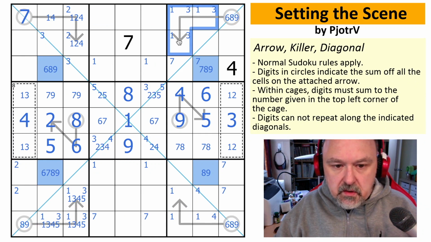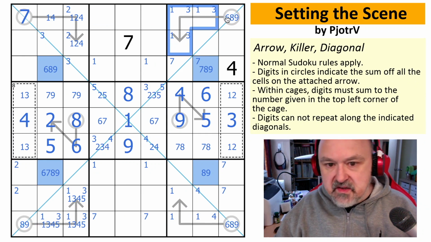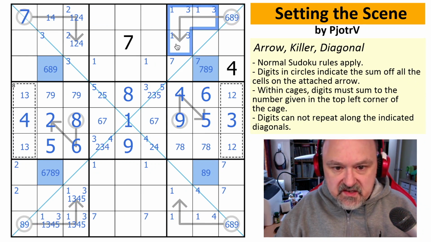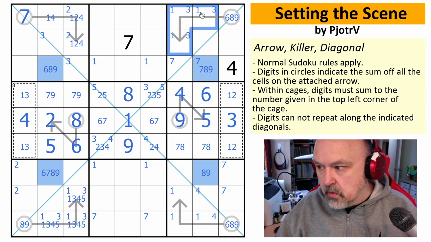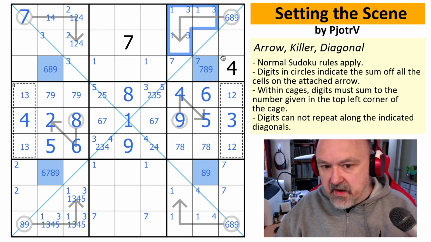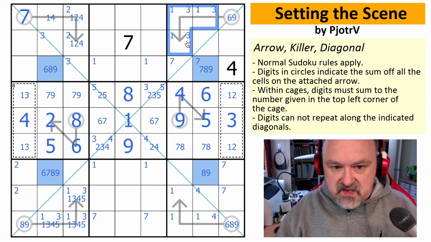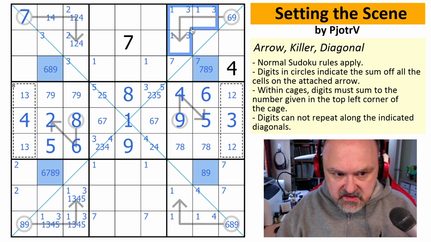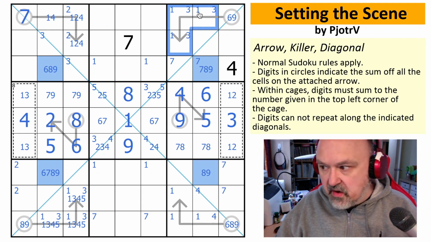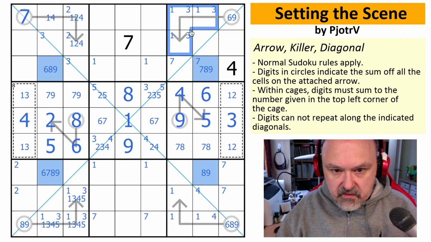Hang on. This has a 1 and 3. This can't be 8 because that would mean this has to be 1, 3, 4. And I can't use a 4. This can't be 8. If this was 6, it would be 1, 2, 3, which I can still do, I think, putting 2 down here. And if it's 9, it's 1, 3, 5.